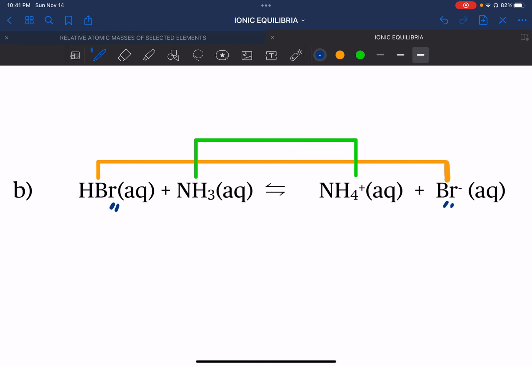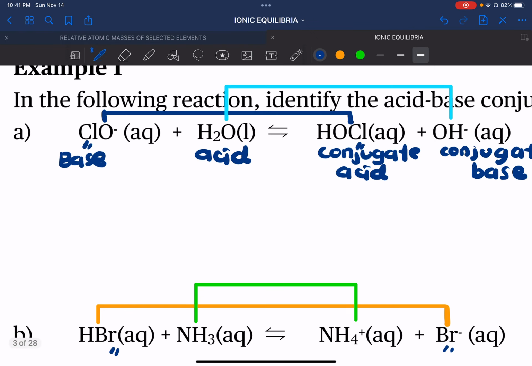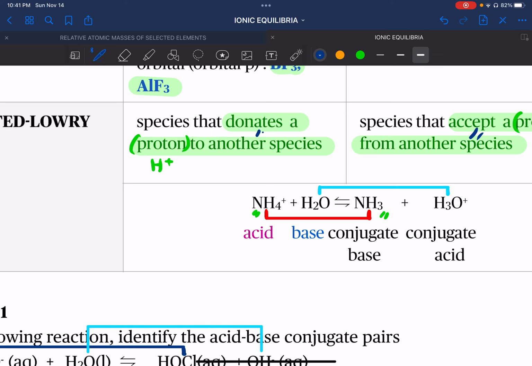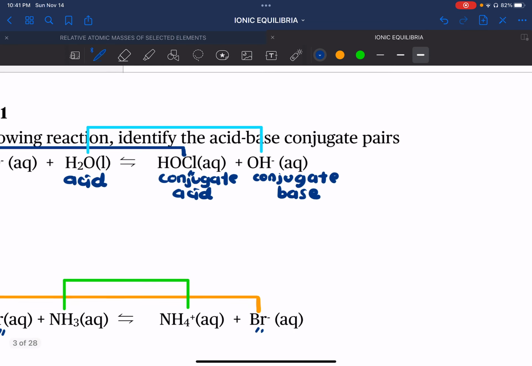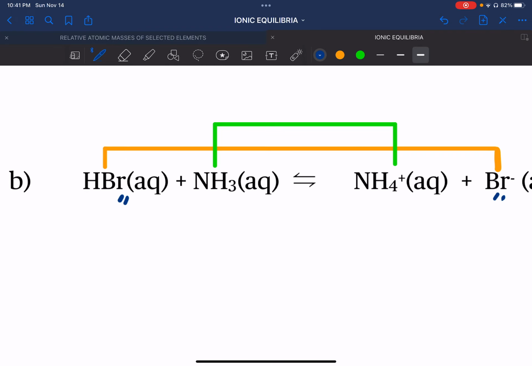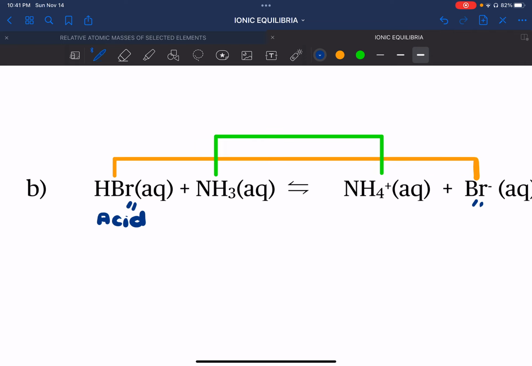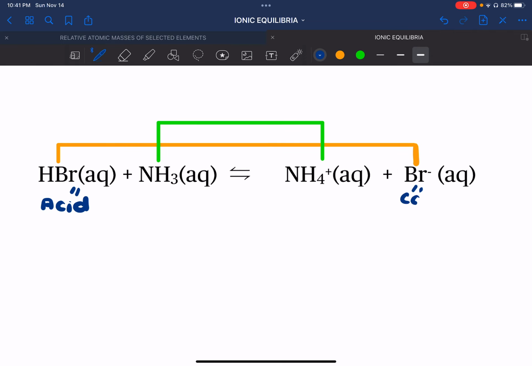So basically HBr lose proton. So kalau lose proton, cuba tengok balik dekat nota tu. Lose tu maksudnya donate lah. Okay, so means that kita punya HBr adalah acid. Okay, so this one akan jadi conjugate base.